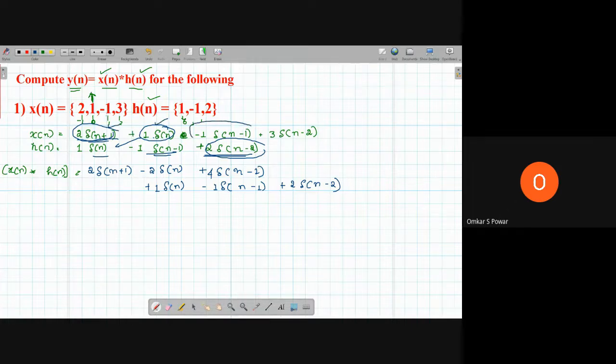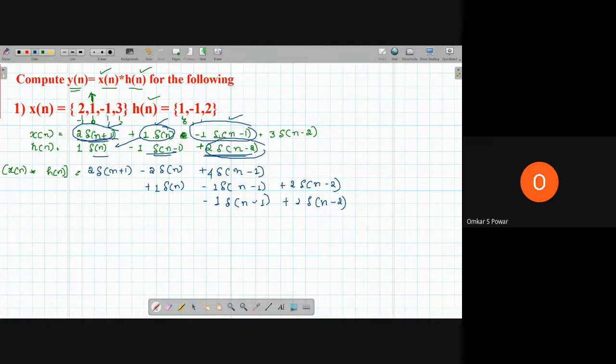We'll take the third one. Minus 1 into del of n minus 1 into 1 into del of n is equal to minus 1 del of n minus 1. Then minus 1 into del of n minus 1 into minus 1 into del of n minus 1: minus into minus is plus, del of n minus 1 into del of n minus 1 gives del of n minus 2.